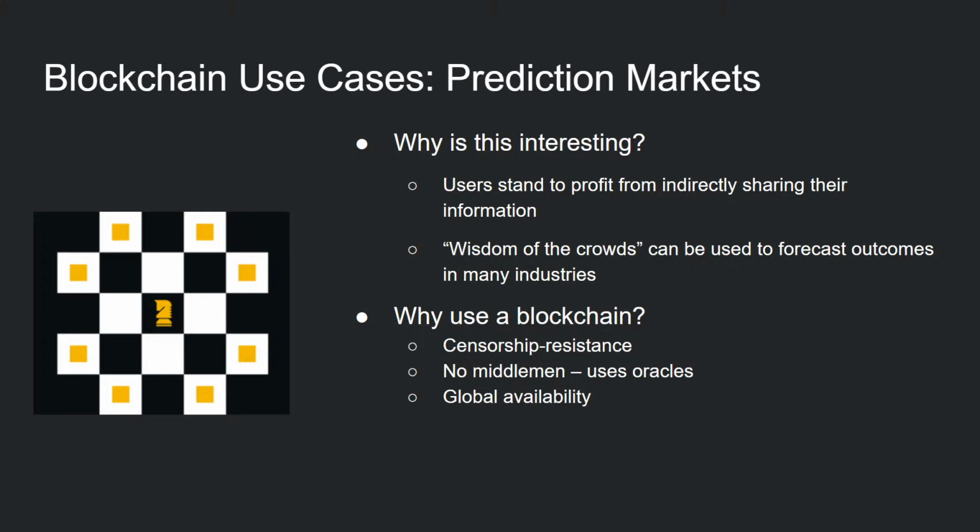Now, there are a few prediction markets or a few projects in the blockchain space already, but they're not without their issues. Firstly, there's a lack of adoption, which doesn't make them very effective for accurately predicting events. But a big problem we have as well is ascertaining the truth without trust in a central party.